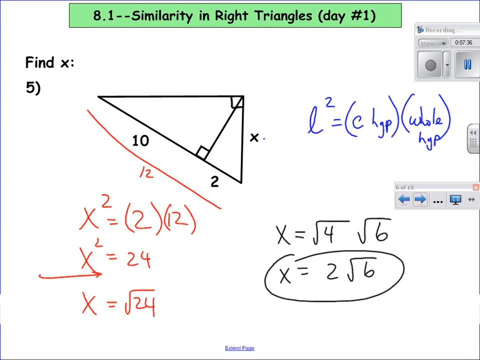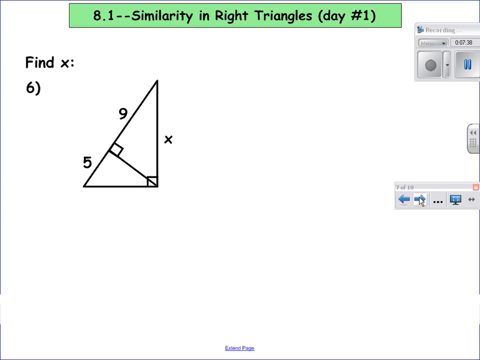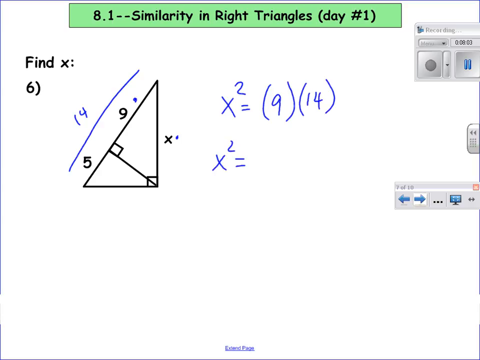Let's move on with this one. Now we're going to try this model again. So x is still my unknown leg. So x squared was the close part of the hypotenuse, which is 9, times the whole hypotenuse, which is 14. X squared equals 126.